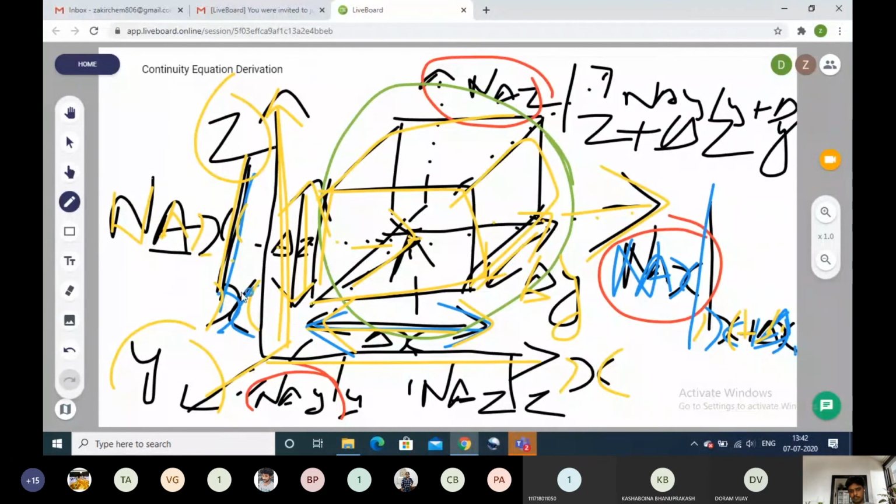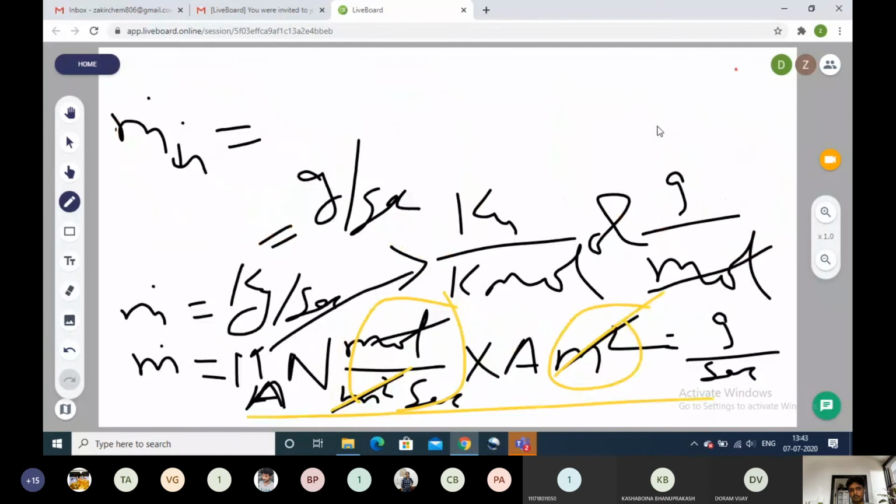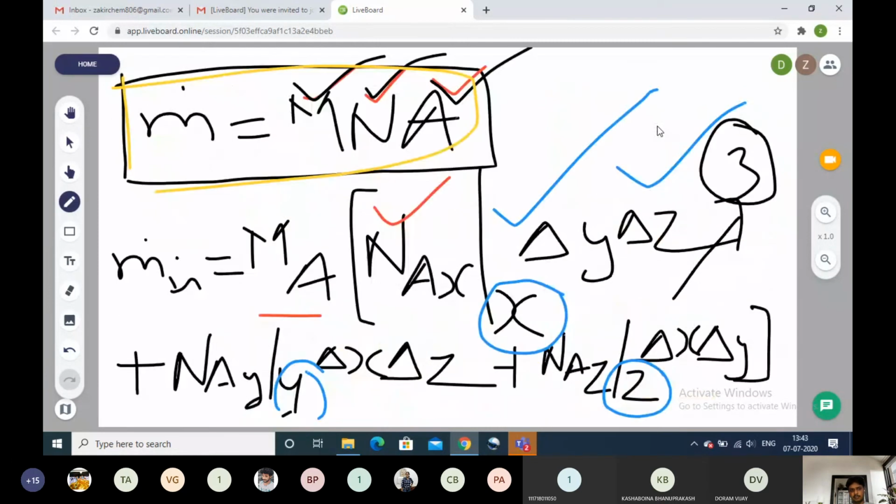This is the origin for the input, and for the output we take x plus delta x, for the y direction y plus delta y, and for the z direction z plus delta z, whereas for input we just consider x, y, z. So this equation describes that. We have to write m dot inside in terms of these variables. The molecular weight is M_A, and with N_A in the x direction, since we are writing for the x direction, we use the x component N_A,x at x, since it is at input. So this is at input, and we write this N_A,x.